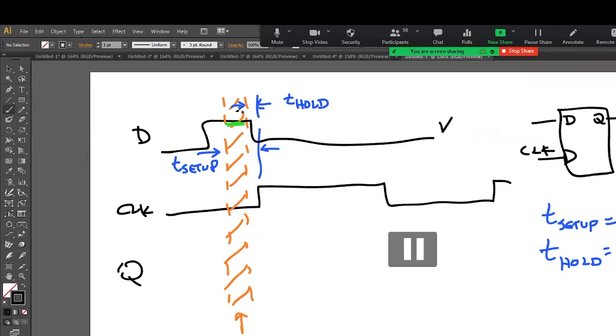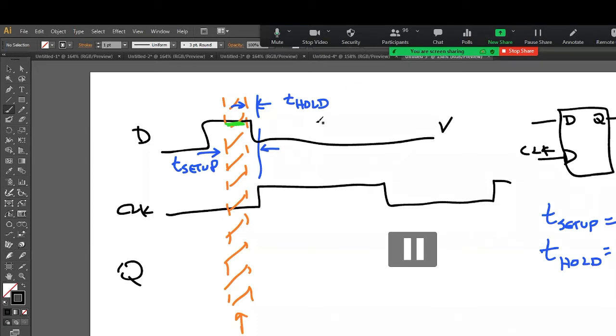This is okay. You see D is not changing in this little green area. It stayed stable. It went after, but it actually changed before the clock edge. It just so happened that's the way they work. T hold goes to end of restricted region when TCHQ goes to Q change.